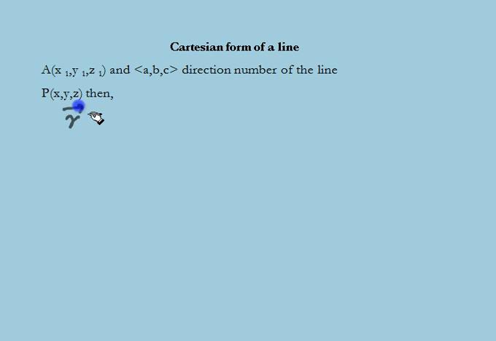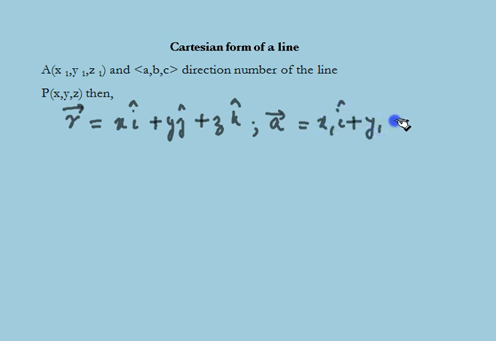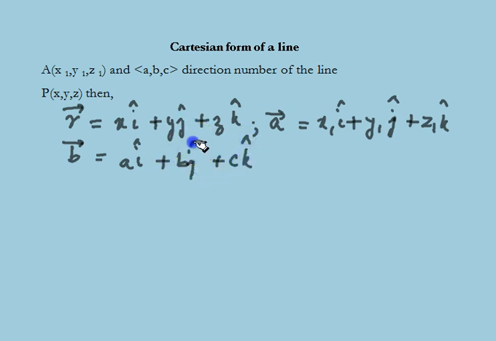Vector R is given as x i plus y j plus z k, vector A is equal to x1 i plus y1 j plus z1 k, and vector B is equal to a i plus b j plus c k, where i, j, and k represent the unit vectors.